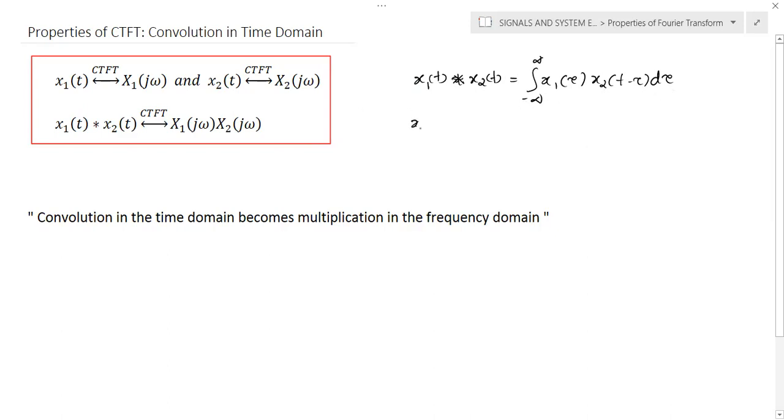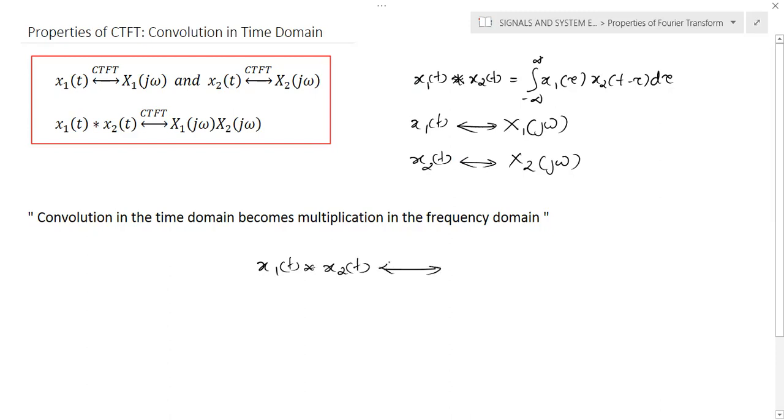But if you know the transform of x1 of t, that is the continuous time Fourier transform of x1 of t, which is represented as x1 of j omega, and similarly the transform of x2 of t, which is x2 of j omega, then the convolution of two signals x1 of t convolution x2 of t can be written, by using the property of convolution, as the multiplication of x1 of j omega into x2 of j omega.